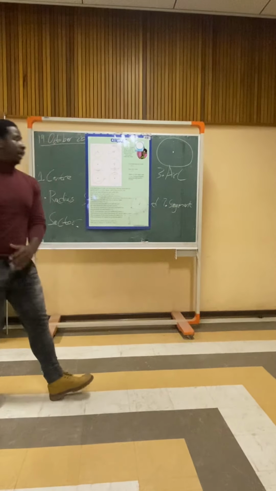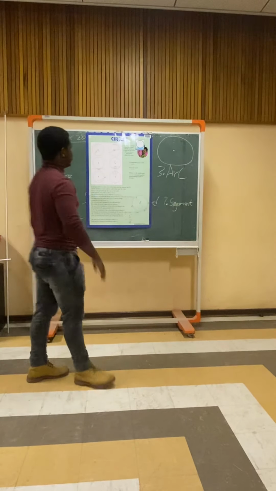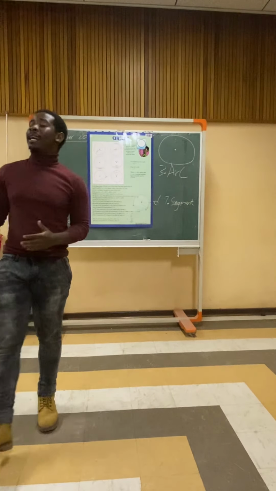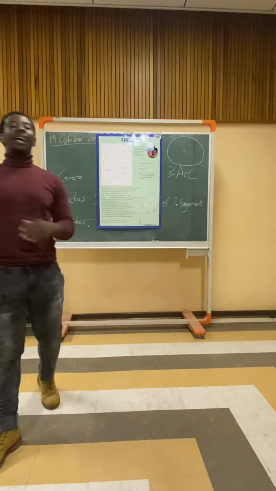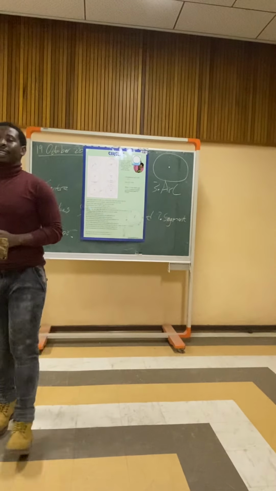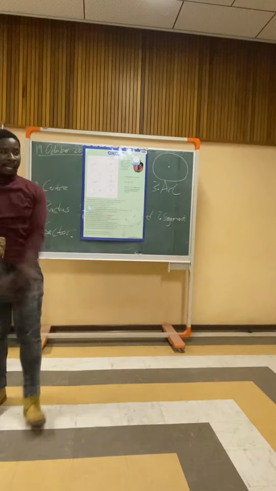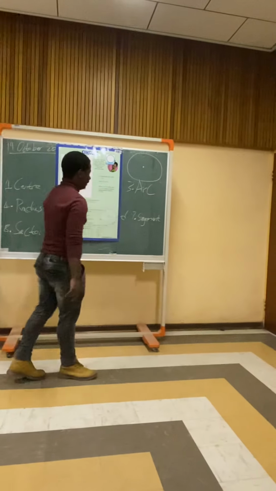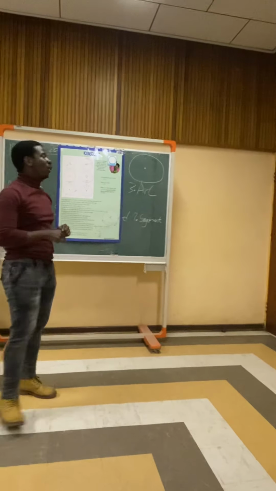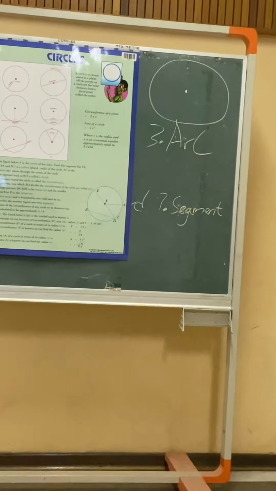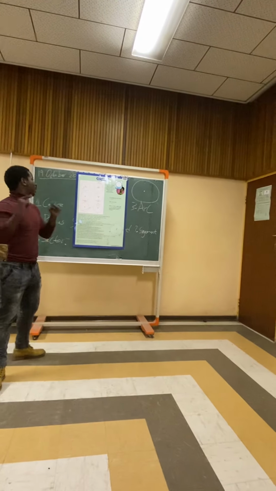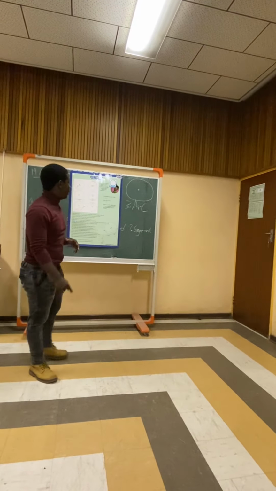Okay. When I started the lesson, we started talking about the circumference. We said a circumference is the outer line or border around the outside of the circle.